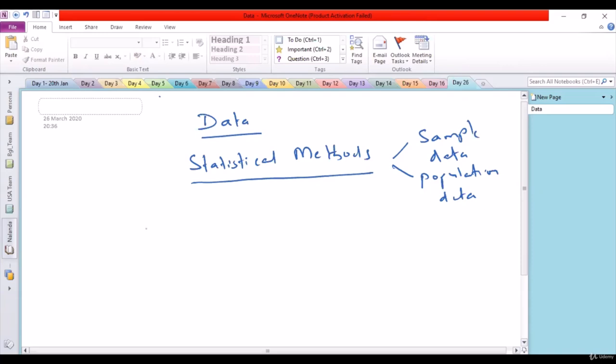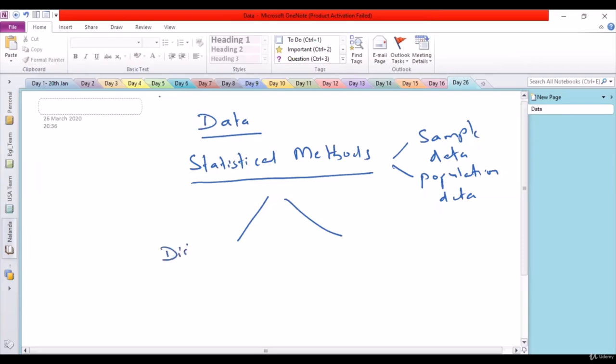Now, statistical methods are divided into two types. What are they? Do you guys remember? Anyone can remember? Can you type that in the group chat? Statistical methods are two types. I know you guys forgot. Right. Good. So, two types.